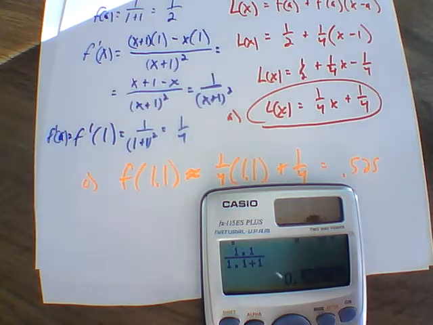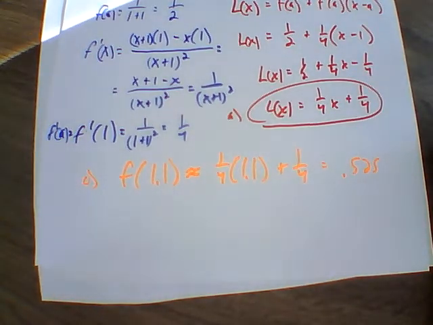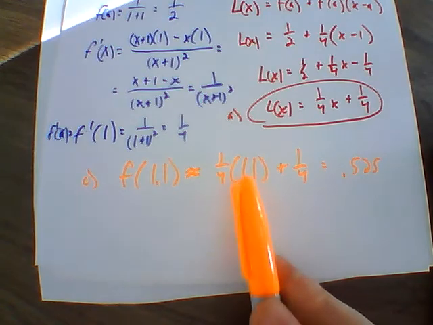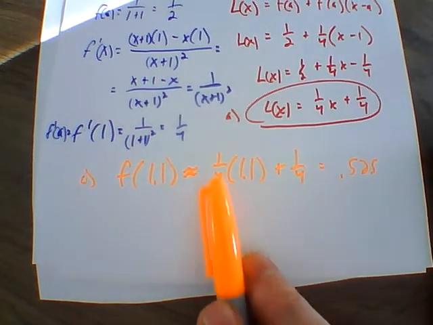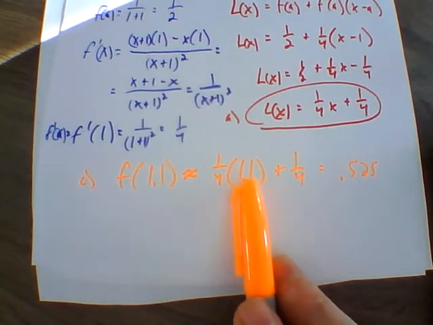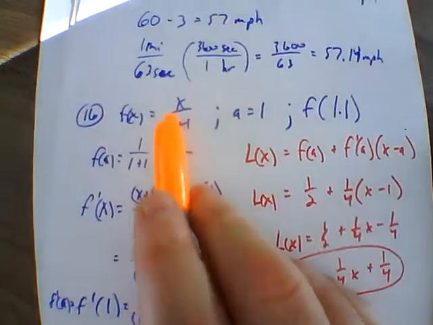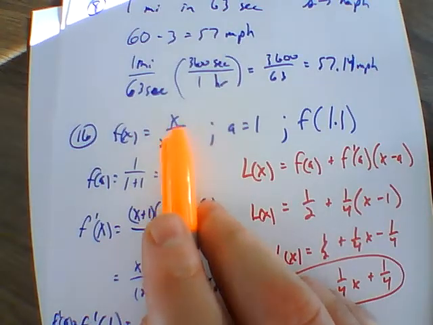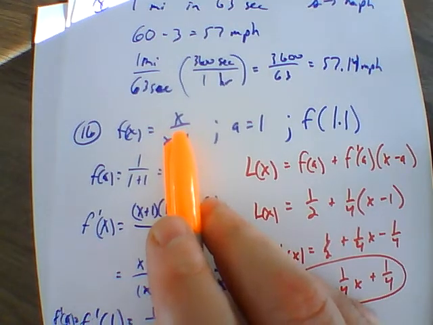Now do consider this problem as it would be without this calculator. Could I take 1/4 of 1.1 plus 1/4? So this is 0.25 and 0.25. 0.25 times 1.1, I can easily multiply out by hand. If I had to come back here, I would have 1.1 divided by 2.1. How easy is that to divide out?